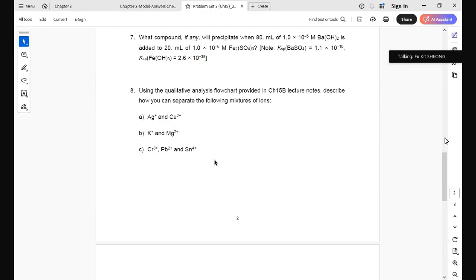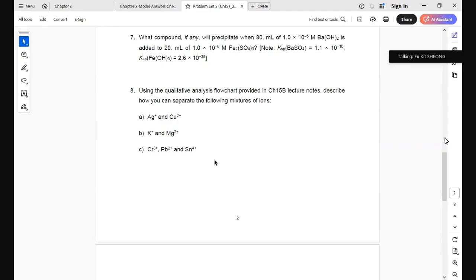And the third one is chromium, lead, and tin. Hopefully you still remember that lead is one of the cases where, if you use chloride ions, it will precipitate out the lead salt, because there are several salts that are not soluble in the solution.